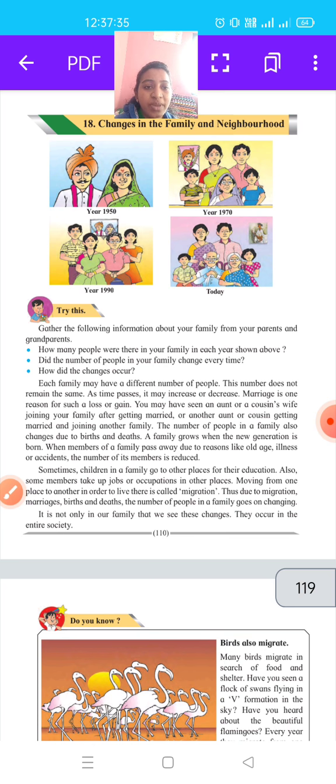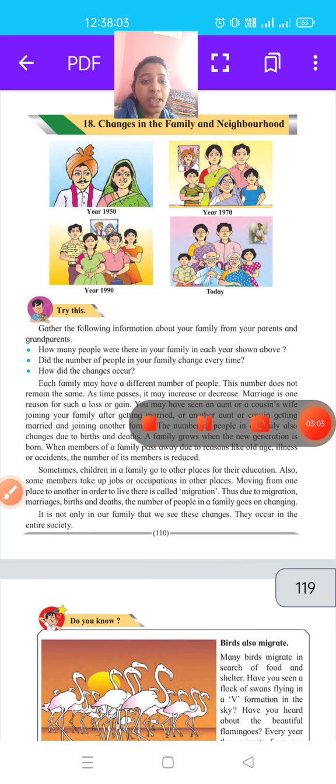So the number of people in a family also changes due to birth or death. A family grows when the new generation is born, which means there is an increase when someone is born. When a member of the family passes away due to reasons like old age, illness or accident, there is a reduction in the number of family members.